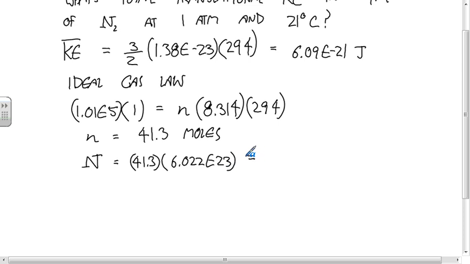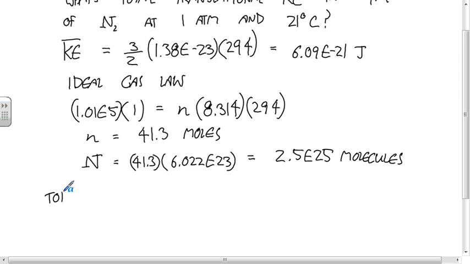And can someone multiply that one too? Okay. That's the number of molecules.